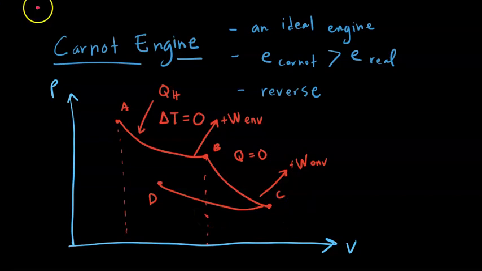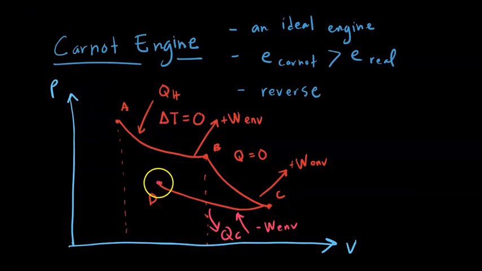So if the environment has to do work on the system, which means that now we have negative work by the environment. And in return, we get QC. Previously, we got in QH. Now we get QC from this isothermal process.